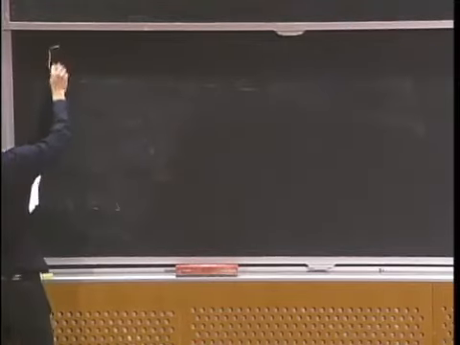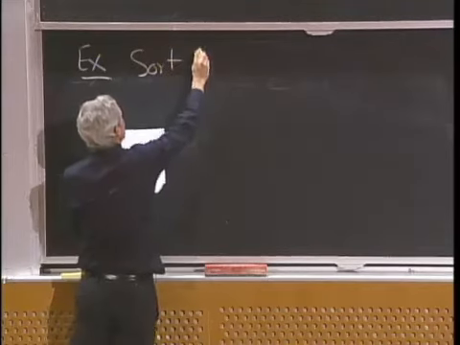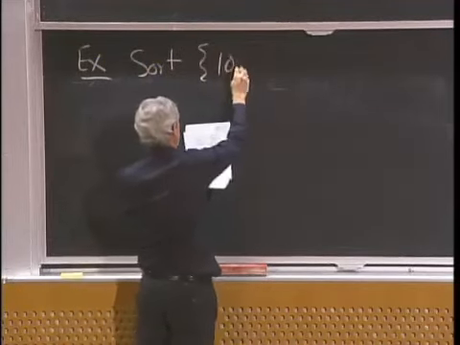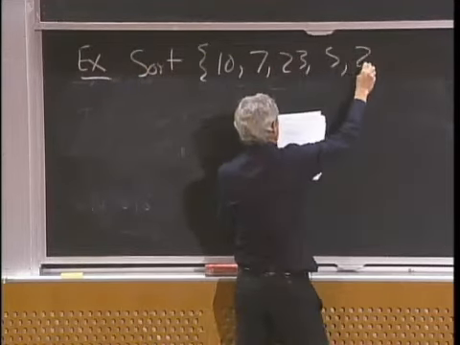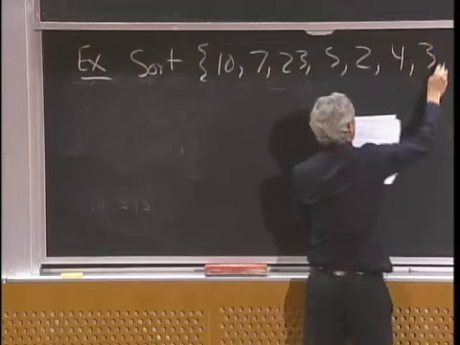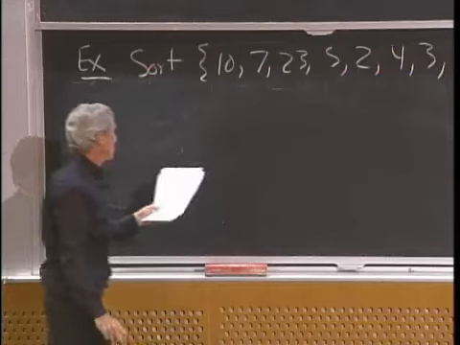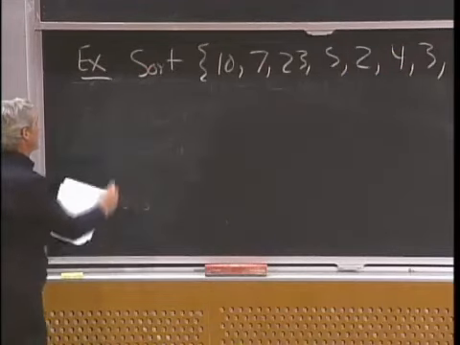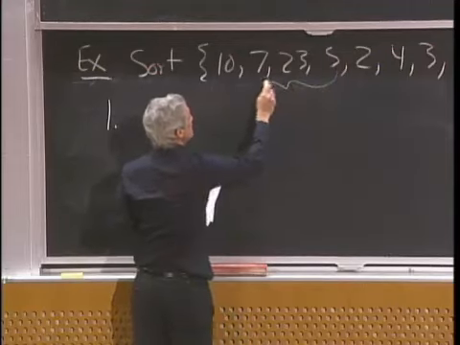For example, let's say we're sorting this list: 10, 7, 23, 5, 2, 4, 3, and 9. So I've got 8 numbers that I'm going to sort. The first step is to recursively sort that list.